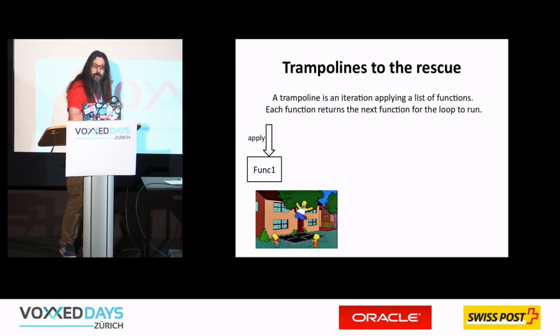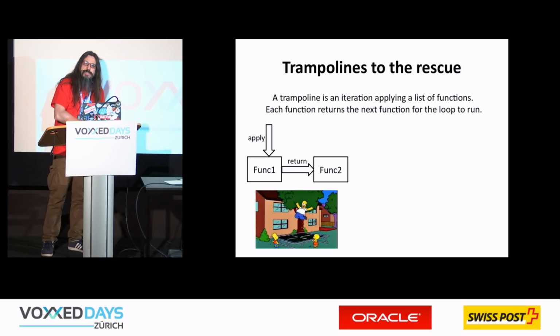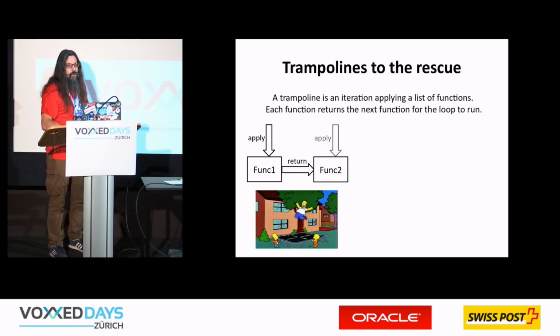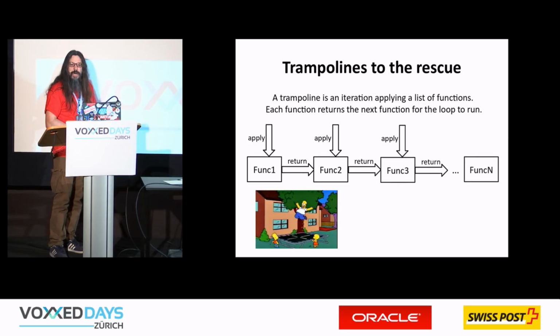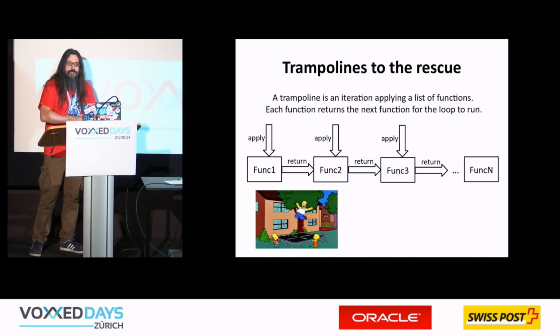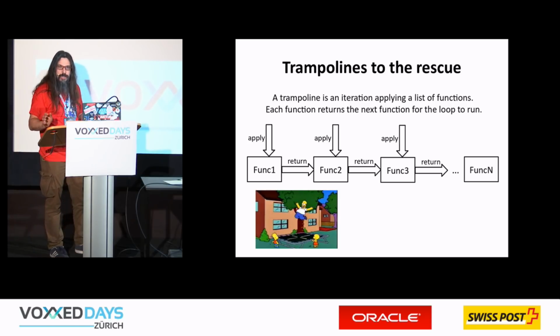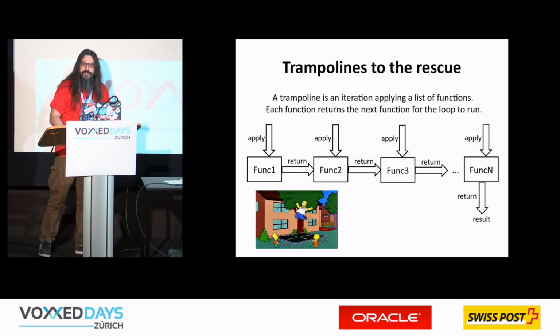So when I call apply on a function, I'm not returned the result, but I'm returned another function. Then I call apply on it again and again and again. At some point I will be returned a function which is the last one, the terminal one, and at that point I can call apply on it and get the result.